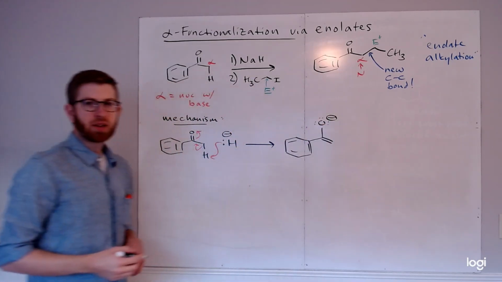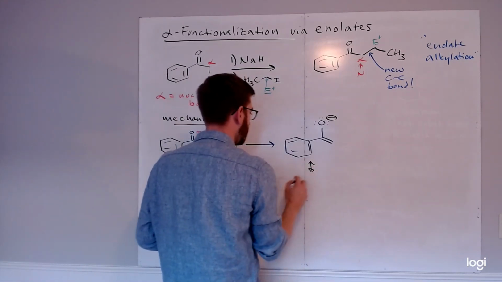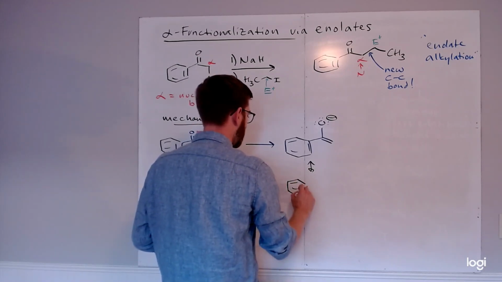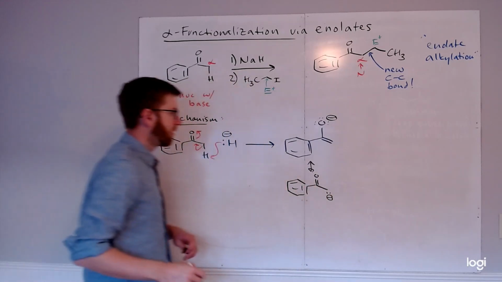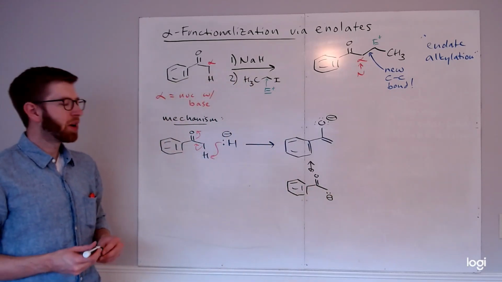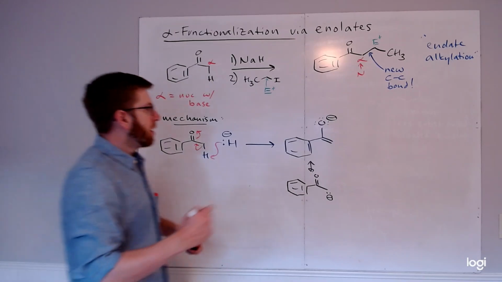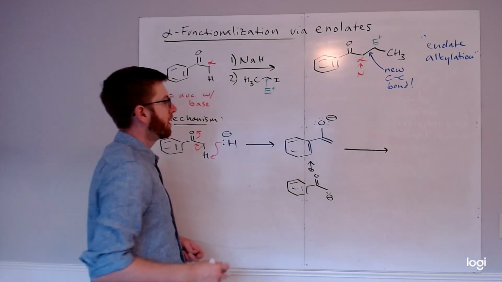So there's my enolate. Just to remind you, this is not in equilibrium, but in resonance with the form where there's a lone pair and a negative charge on the alpha carbon. And so this structure can then react with our ethyl iodide.